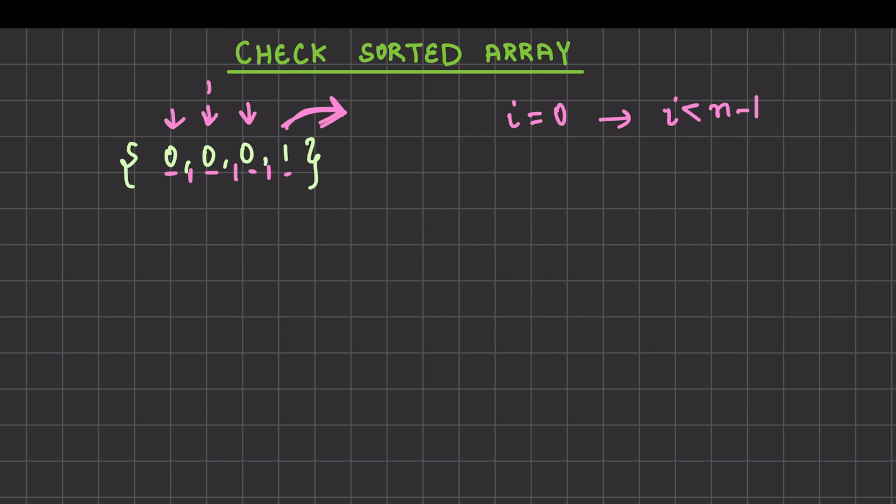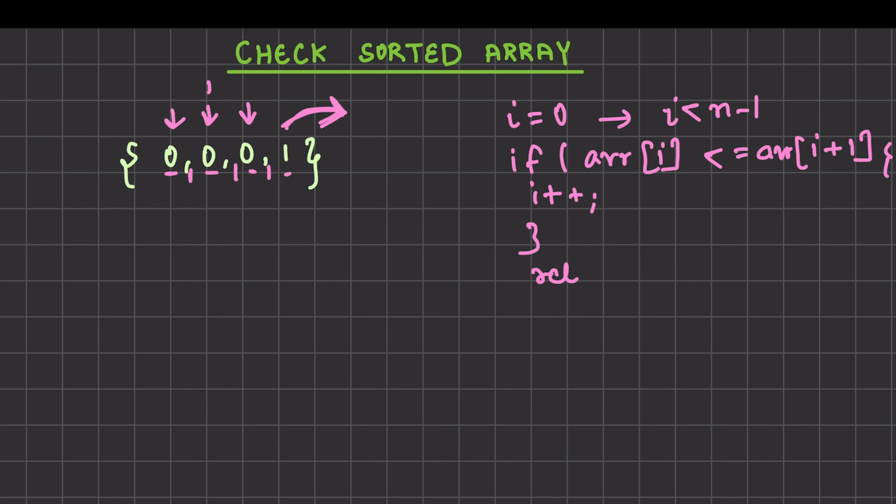We are going to have an if condition in which we will check if the current element is smaller than or equal to the next element, right? If this condition holds true, we'll simply move on to the next element, that is we'll be doing i++. And if this doesn't hold true, we have to return 0, right? So we'll return 0.